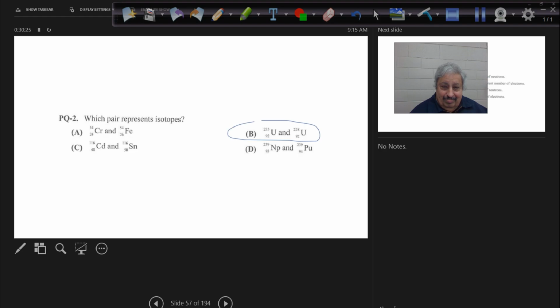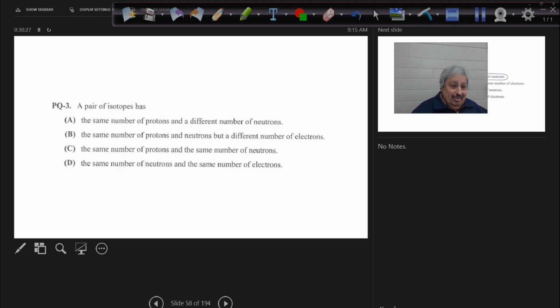A pair of isotopes, we talked about this: same number of protons, same number of electrons, different number of neutrons, correct? Now we have to have the multiple choice correct. Same number of protons and neutrons but different number of electrons, that's B, you can eliminate.